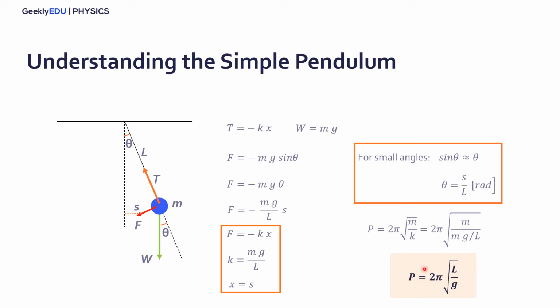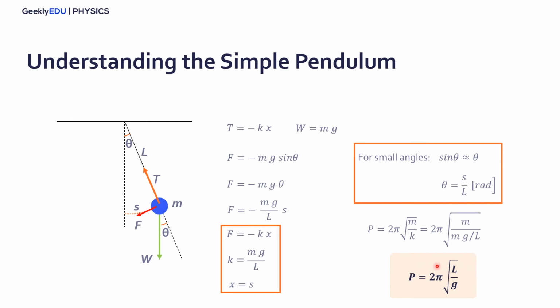It's interesting to notice that it does not depend on the mass here, nor the angle. So for a simple pendulum, if we have small displacement angles, okay, it does not depend on anything else, just L, the length of the wire, and the gravity acceleration, okay?